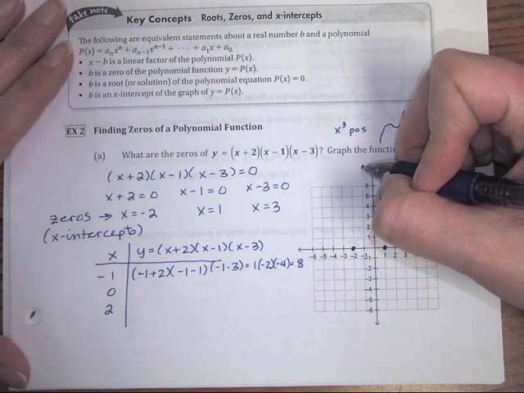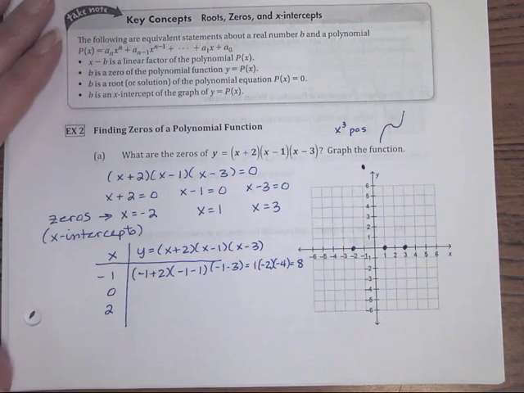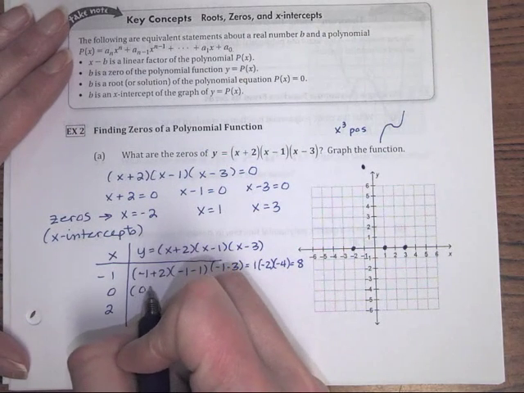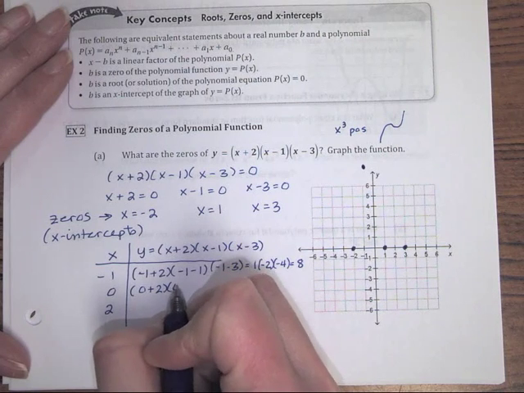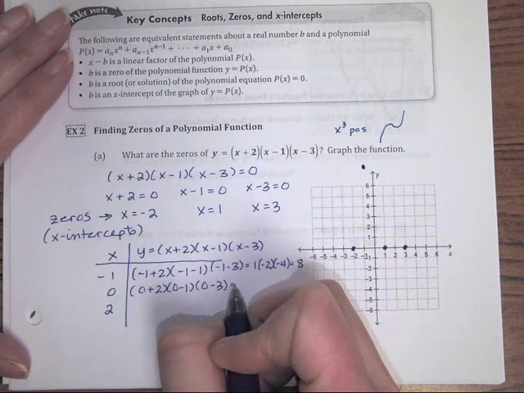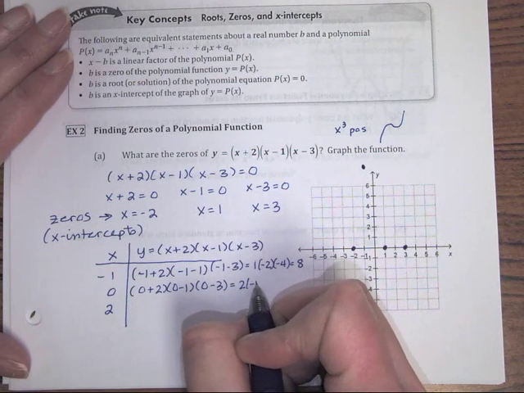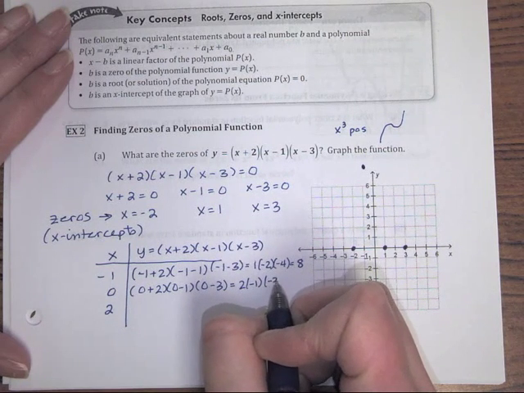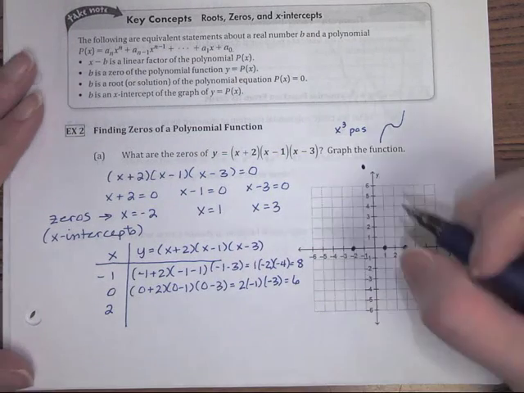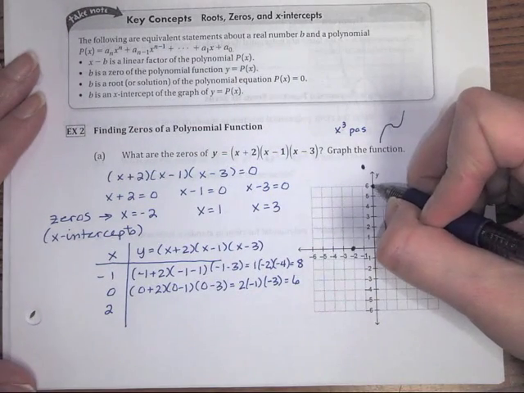Maybe right around there. Okay, 0 plus 2, 0 minus 1, 0 minus 3 is 2 times -1 times -3 gives us positive 6. So I've got a point right there.